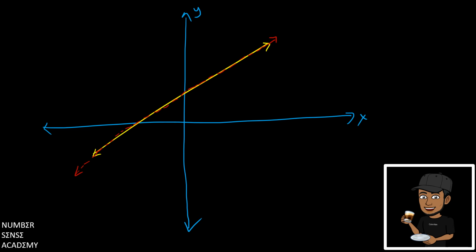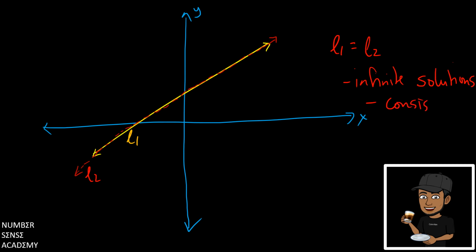So we have the yellow line is L1, the red line is L2. So L1 is exactly L2. They share all the points in common. So this has infinite solutions. Okay, so whatever point is on L1 is also on L2. And this is consistent and it's dependent.